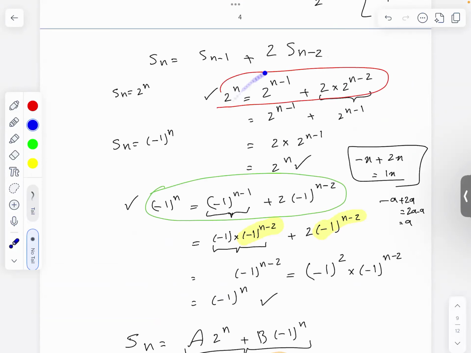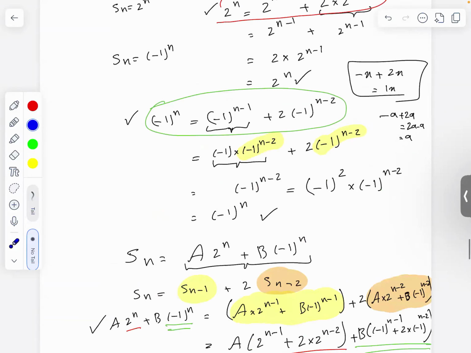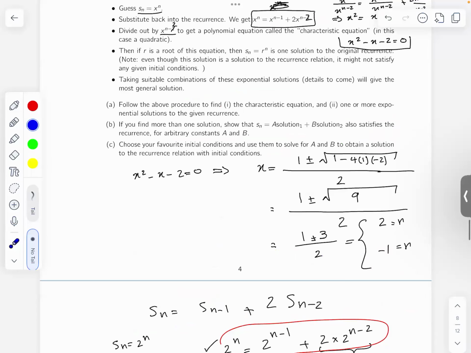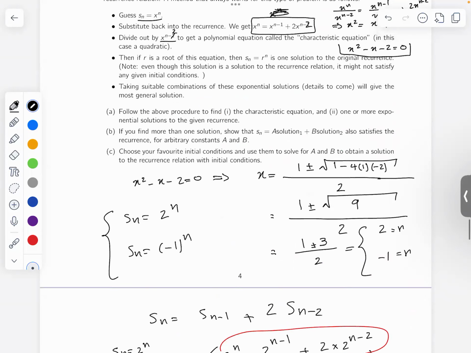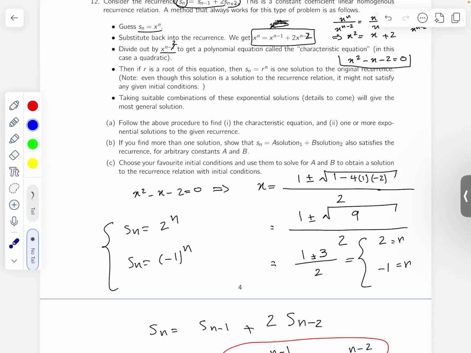This one is the first solution, this one is the second solution. So we had two solutions. That's right. Sn equal to 2 power n, Sn equal to minus 1 power n. We show that the linear combination is this. Yes. Choose your favorite initial condition.